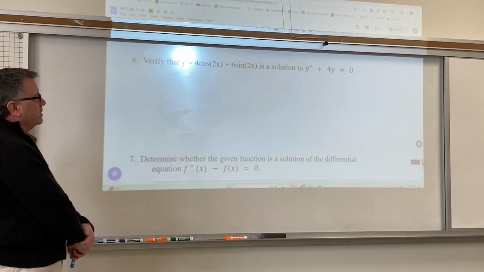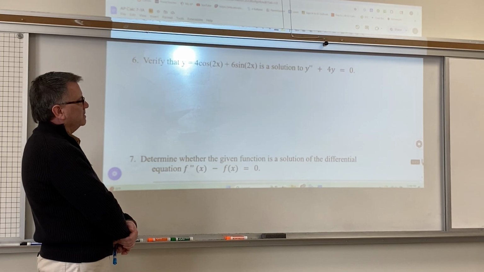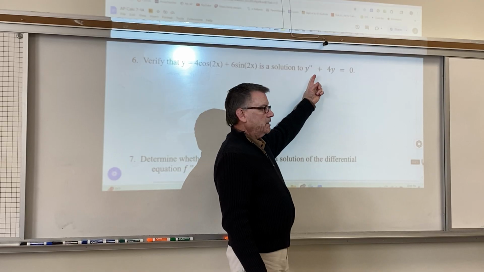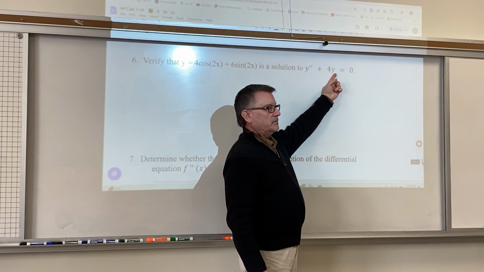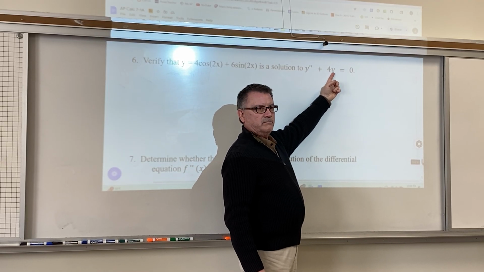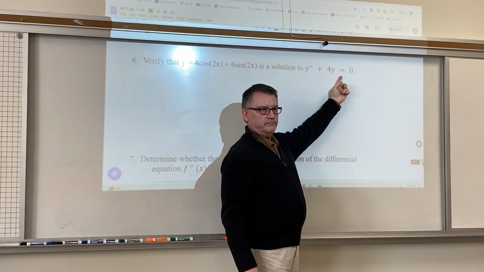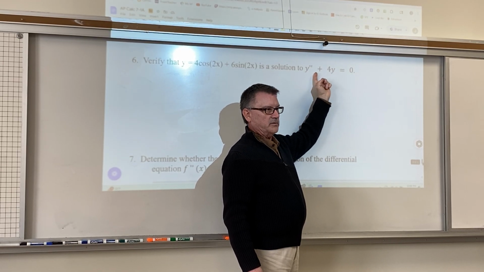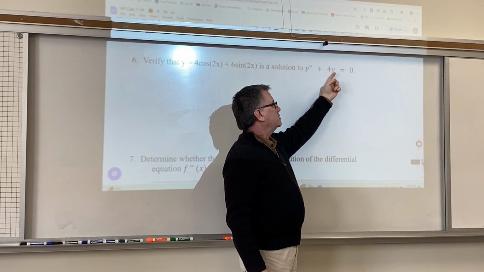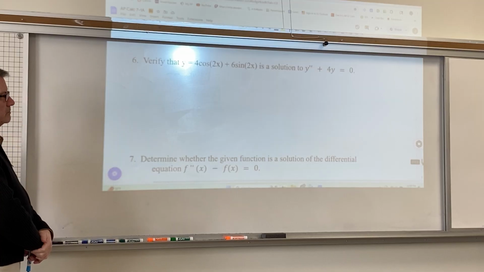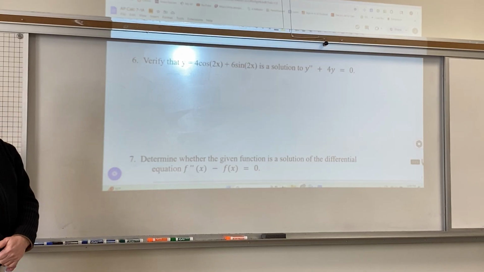If y is 4 cosine 2x plus 6 sine 2x, if that's a solution to that differential equation, look at this equation. We've got a function and some type of derivative of that function that makes it a differential. Doesn't have to be the first derivative, but we got the function and some type of derivative of that function.